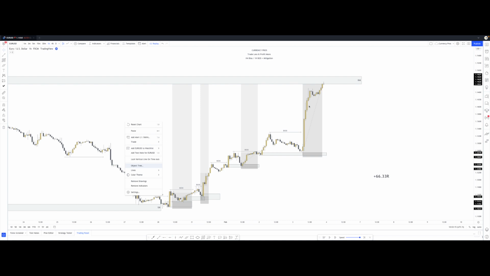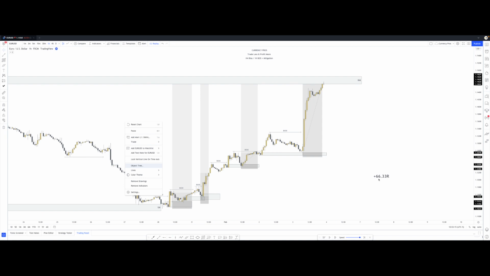So I really hope this video opened your eyes a bit about higher time frame trading with this refined supply and demand strategy. It is extremely powerful, as you can see. Just in these 4 trades over the course of 6, almost 7 days, we can secure over 66R, which is absolutely absurd.